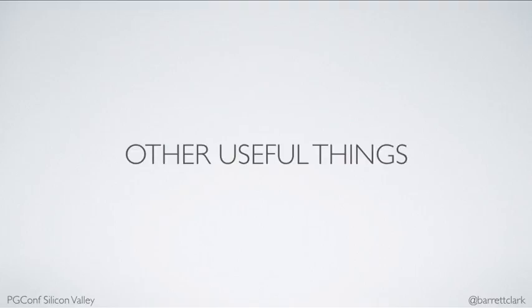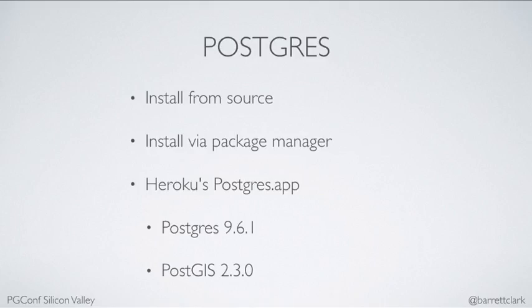All right, so other general Postgres useful things. How do you get Postgres? Well, you can install it from source if you wanted. You can install it from a package manager, either apt or homebrew on OS 10 or Mac OS.